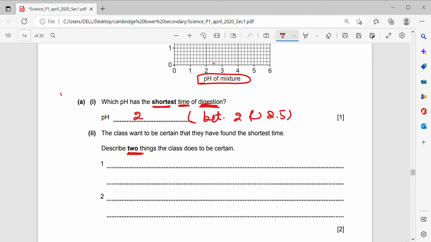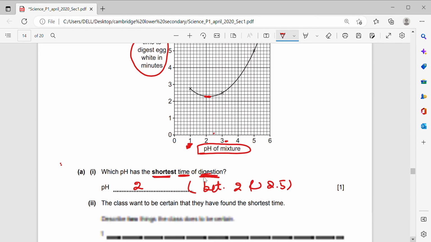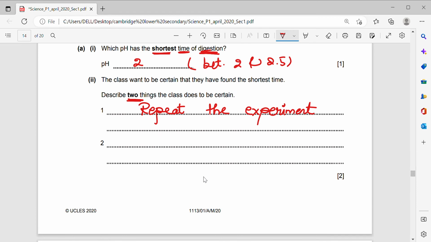To be certain from an experiment, أول حاجة, the first thing that comes into our mind, repeat the experiment. تاني حاجة ممكن يعملوا ايه؟ They can test between the pH 1 and 3 علشان يتأكدوا من results. يعملوا testing ما بين pH 1 و pH 3 علشان يتأكدوا من results بتاعتهم. يبقى they can also test between pH 1 and pH 3. Okay.